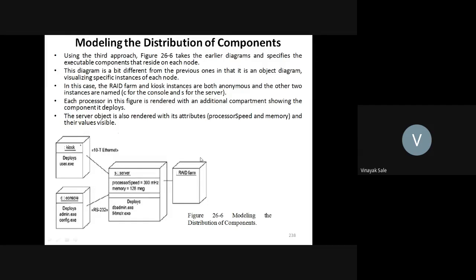This is the figure that models the distribution of the components. This diagram is a bit different from the previous one, in that it is an object diagram, visualizing specific instances of each node. In this case, the two instances are both anonymous, and the other two instances are named: C for console and S for server.